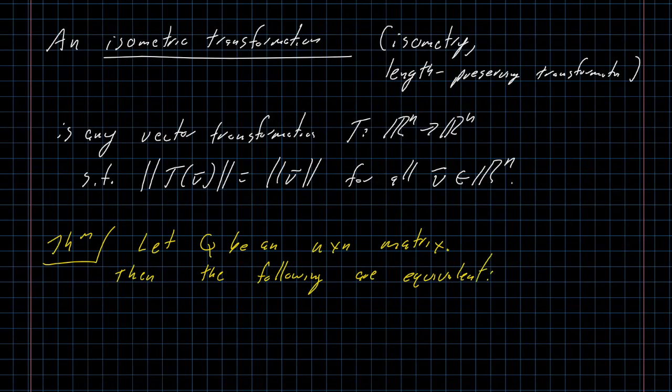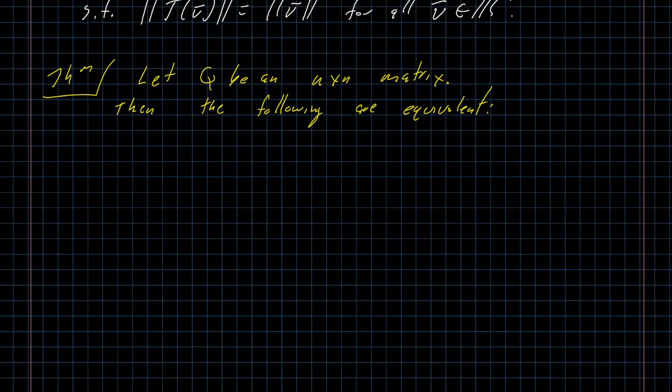Let's let Q be any n by n matrix. The following claims are equivalent. First one, Q is an orthogonal matrix. The second one is kind of messy.